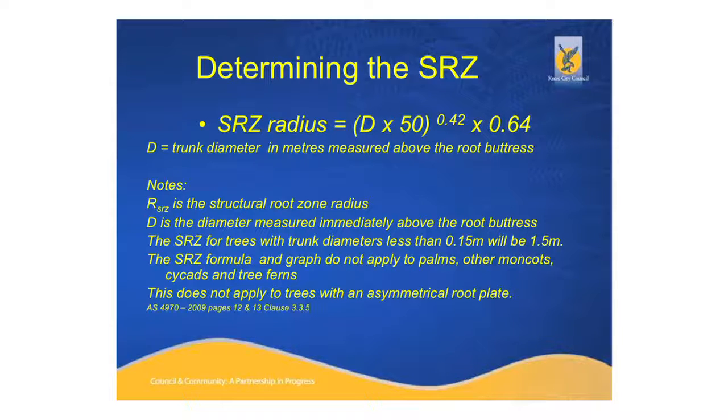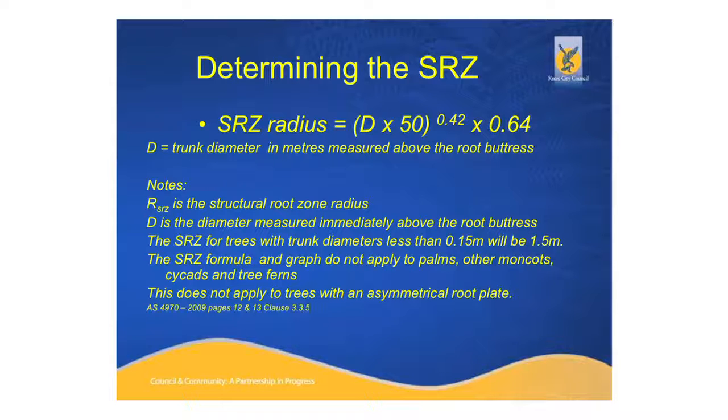Then you multiply that by the exponent, power 2. Most computers have a scientific calculator that you can download. Don't treat that as a square root, it's not. And then you multiply that by 0.64. So that actually will give you the structural root zone.